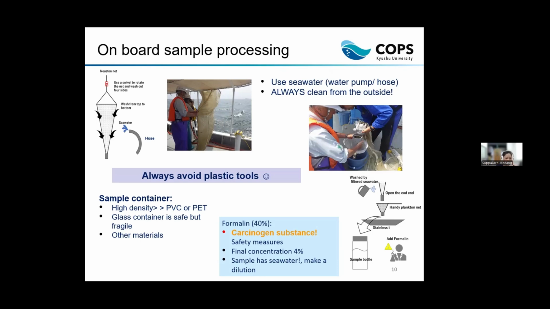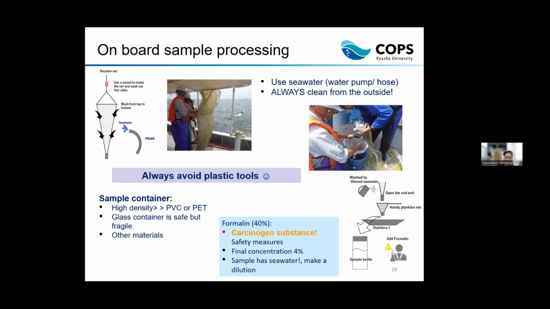As you can see, this is a Neuston net. When we collect all these microplastics, we fix them, and then use the hose to wash the microplastic or any particles attached inside of the net from outside, using a hose that is already prepared on the boat.